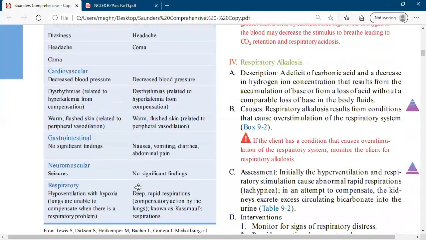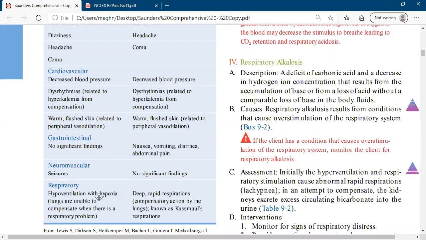Now here is a question the NCLEX board asks. In case of respiratory acidosis, what is the nature of the respiratory rate? This is called hypoventilation with hypoxia, right? Imagine your patient has a respiratory problem.